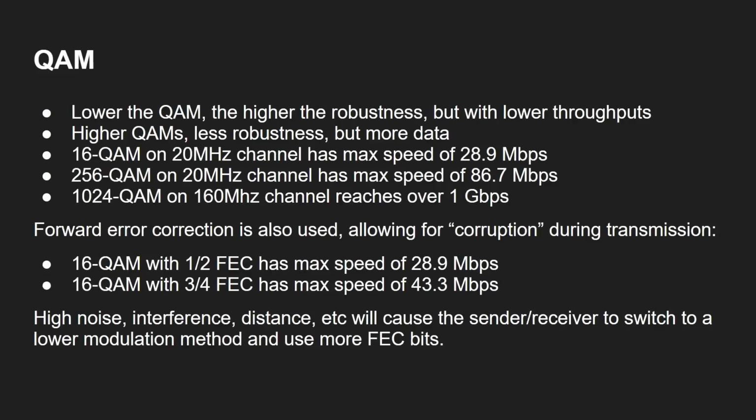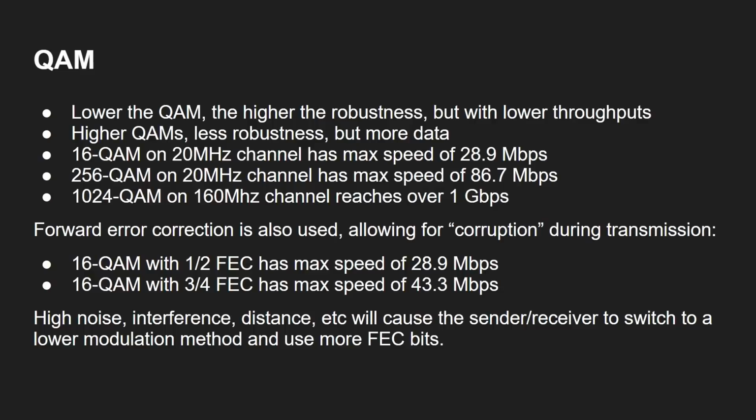We won't go too much into it, but it's a very sophisticated method of dividing up the signal into different areas. The lower the QAM, the higher the robustness, because you're trying to get less data into that signal, so you get lower throughput, but it might survive the journey from the transmitter to the receiver better.